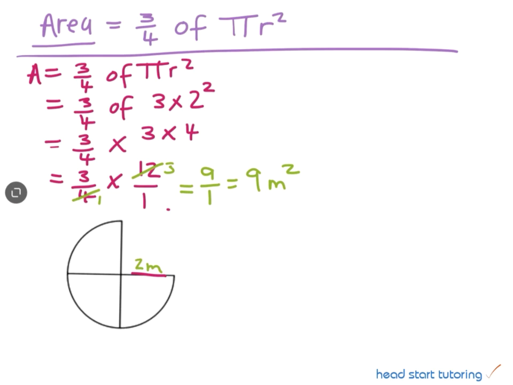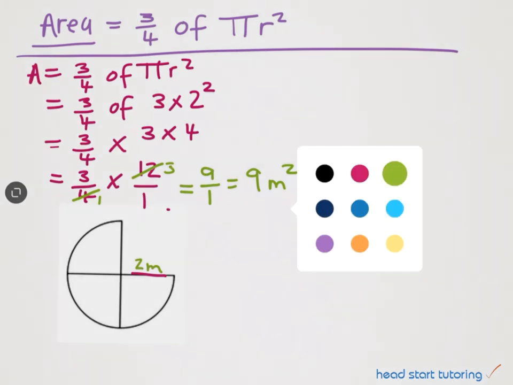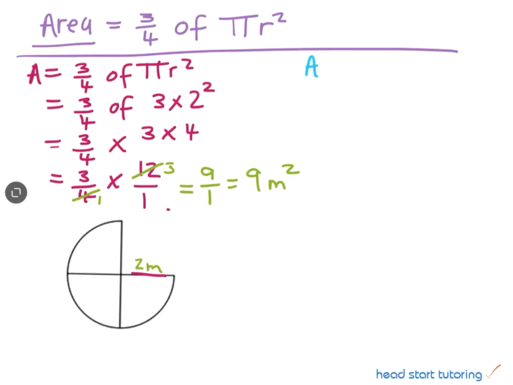Let's now have a look at the area of this 3/4 of a circle using pi equal to 3.14. So again, we've got 3/4 of pi r squared, and that's 3/4 of, or multiplied by, 3.14 multiplied by 2 meters squared, and we do that first.